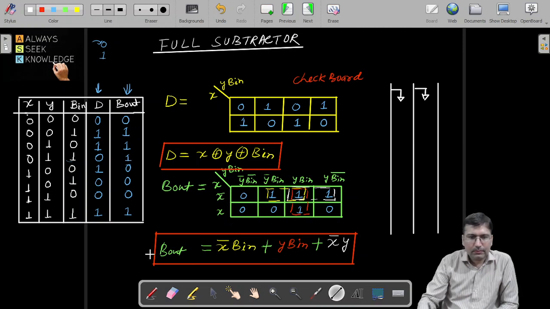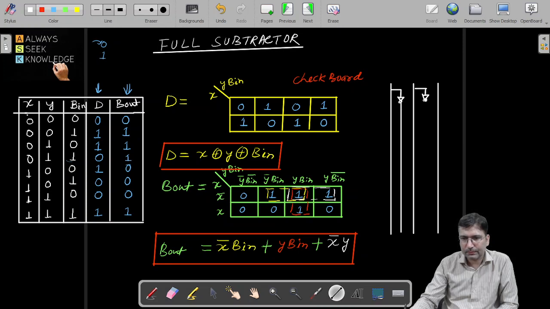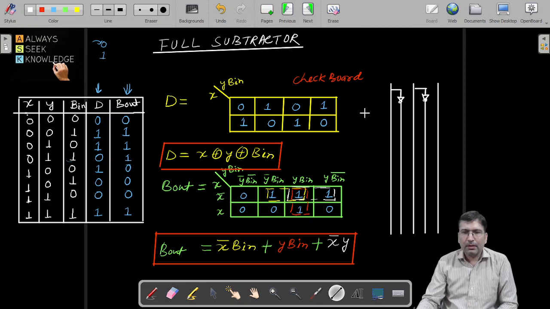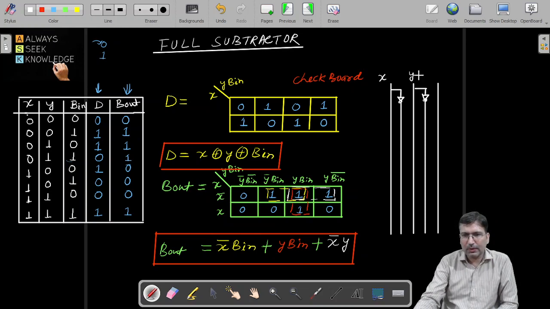So let's take these two complements only and let's connect it like this, right? So this is X, this is Y, and this is borrow in.